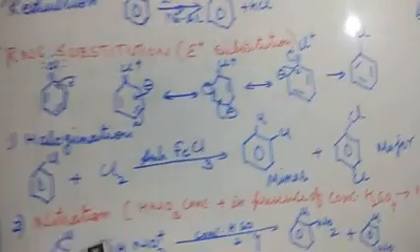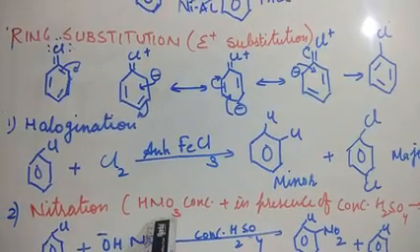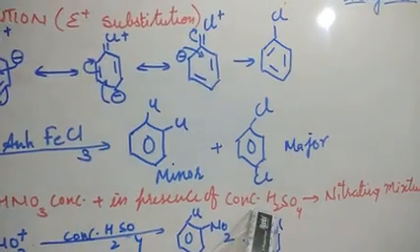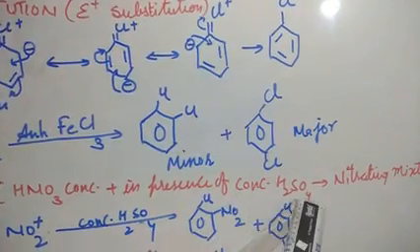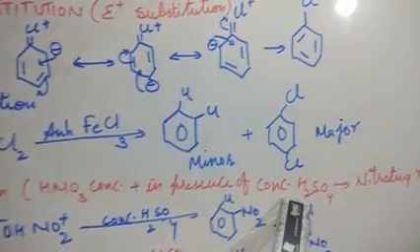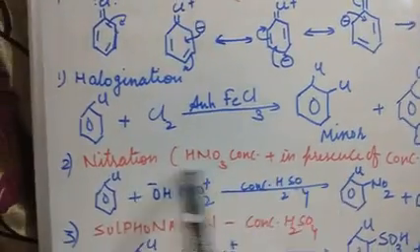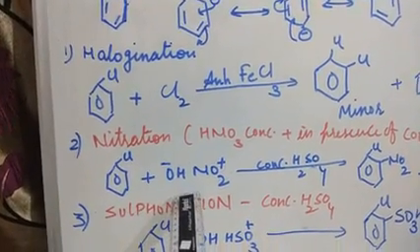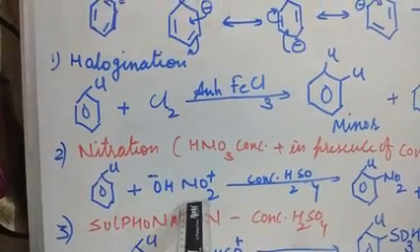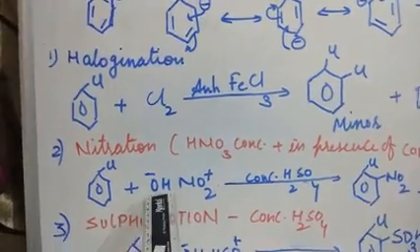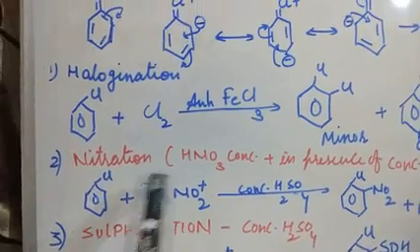Okay, students. Then next is nitration. Nitration takes place in presence of concentrated HNO3 and concentrated H2SO4. So concentrated HNO3 in presence of concentrated H2SO4, this mixture is called nitrating mixture. So in presence of nitrating mixture, this nitration is taking place. Here nitric acid I have written like this, OH and NO2. It is HNO3 only. I have written it in this way so that you can be sure what is electrophile and what is nucleophile here.